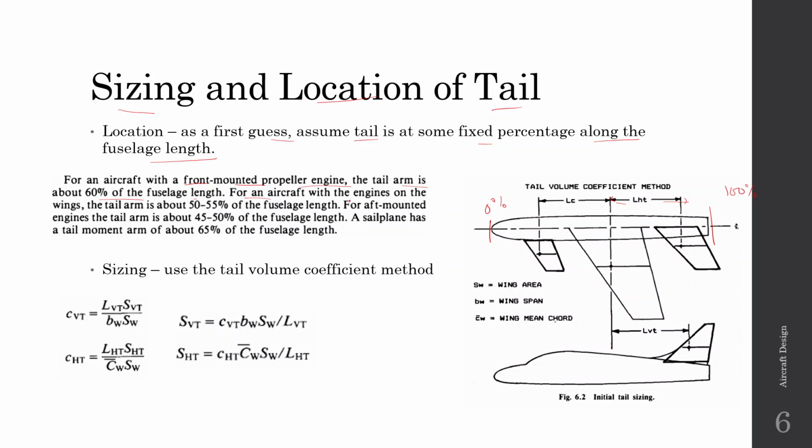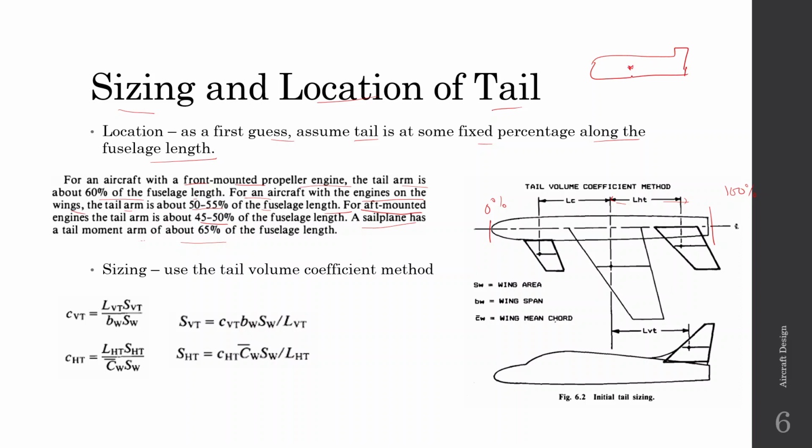For an aircraft with engines on the wings, the tail arm is about 50 to 55% of the fuselage length. For aft-mounted engines, the tail arm is about 45 to 50%, and a sailplane has a tail arm of about 65%. So mainly the ratios range from 50 to 60%.